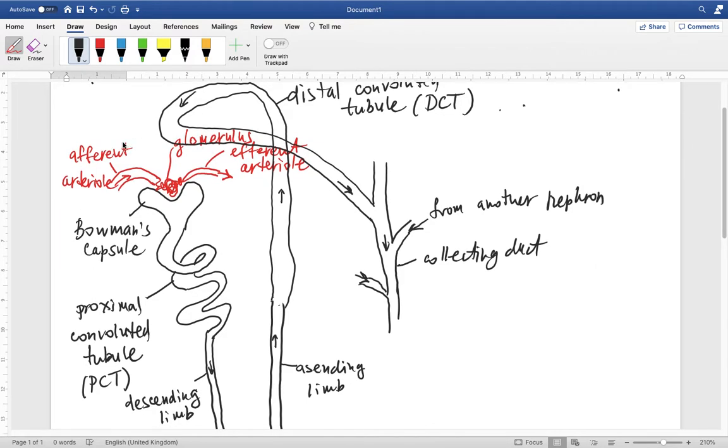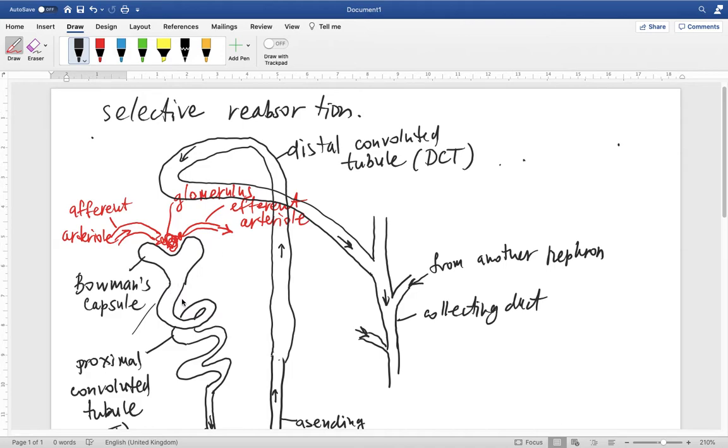That bit of the process with afferent arteriole, glomerulus, efferent arteriole, Bowman's capsule, all of this is involved in the first step, which is ultrafiltration. So the rest of your nephron, so this is PCT, loop of Henle, DCT, and collecting duct, all of the remaining section of the nephron is dedicated to selective reabsorption.